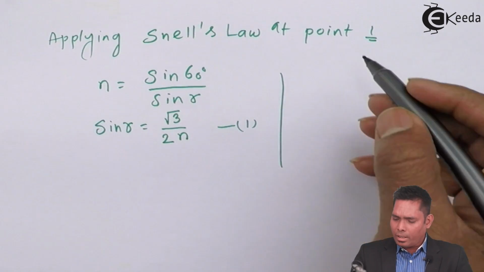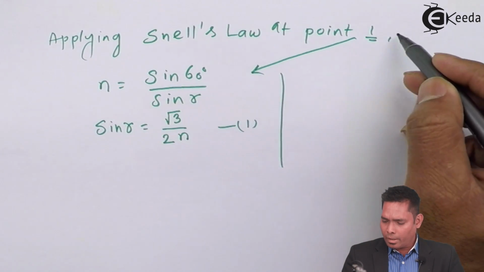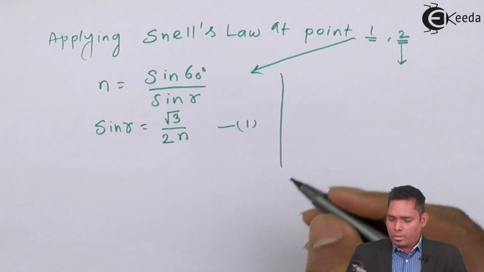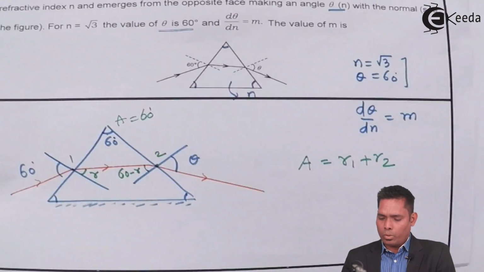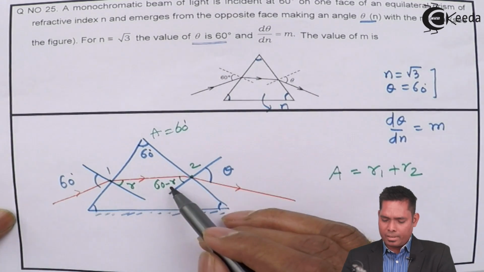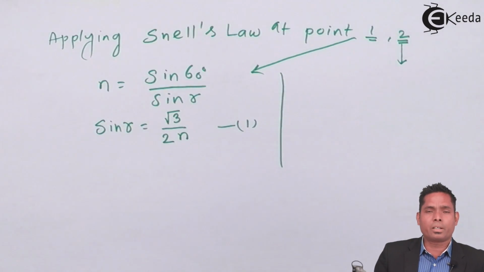Now applying Snell's law at point 2, it is sine theta upon sine of 60 minus r, which is n, the refractive index of the material of the prism.